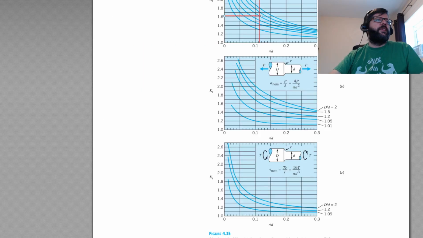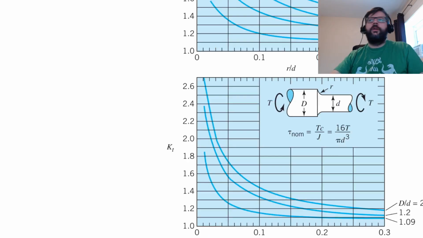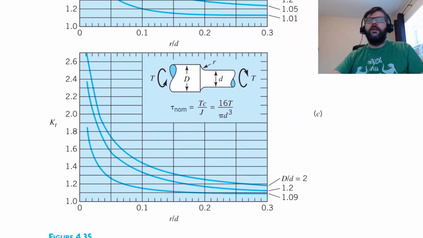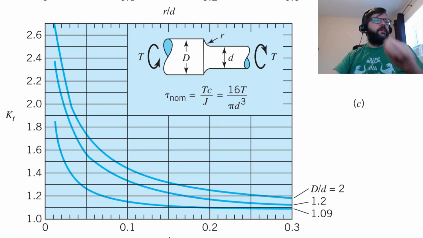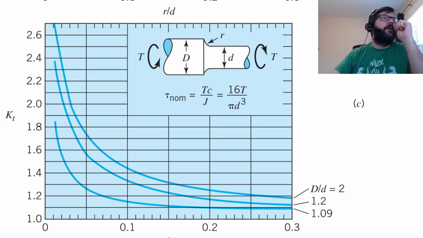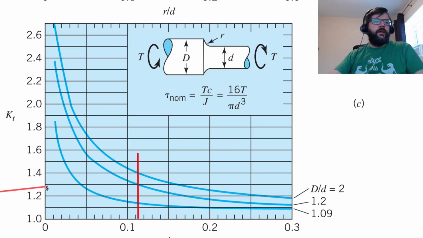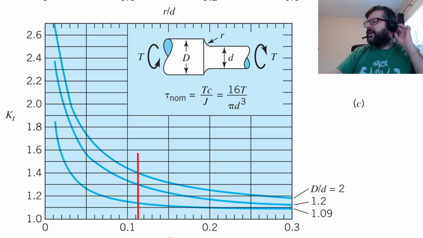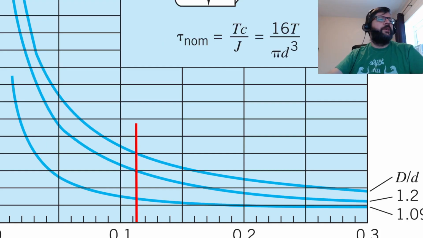This time we're using chart C, because that's the one for torque. Zoom in here. So again, we are looking at about 0.125, and unfortunately we don't have the line for 1.5 here, so we've got to make a best guess estimate.